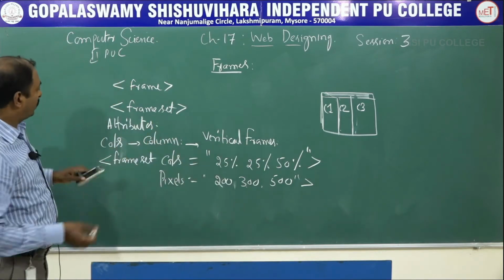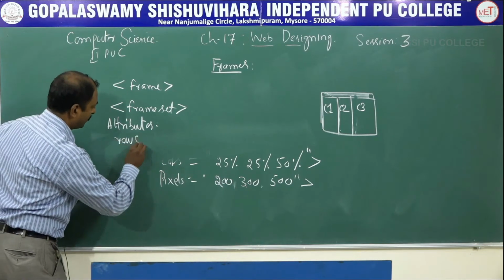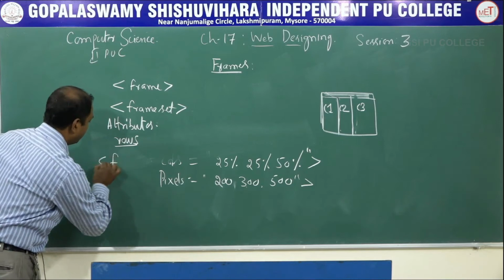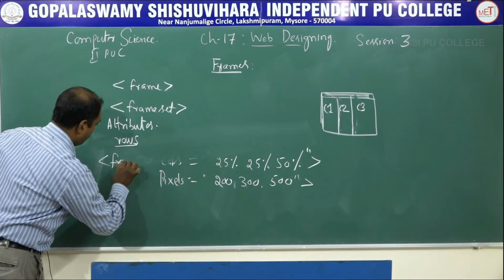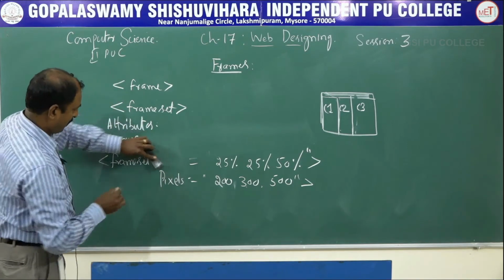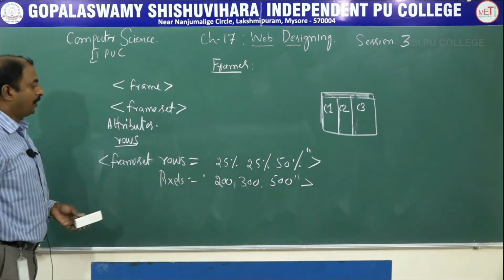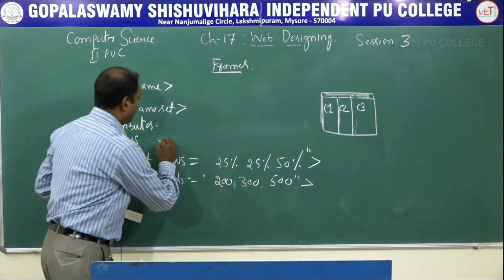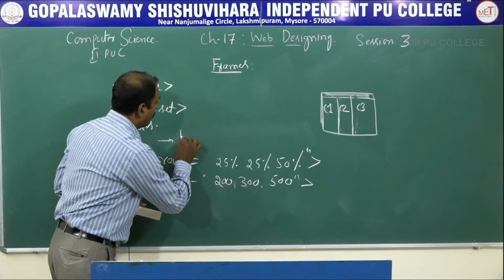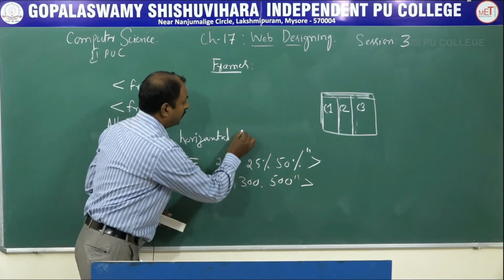Now look at one more attribute, rows. The next attribute is rows. Syntax: frameset rows. The rows attribute divides the web browser window into horizontal frames.